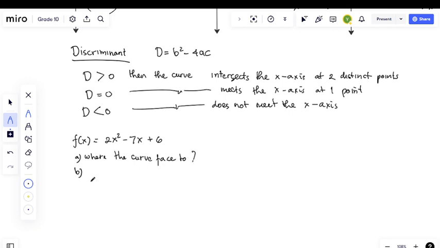Second one, does the curve intersect the x-axis? If yes, how many points?